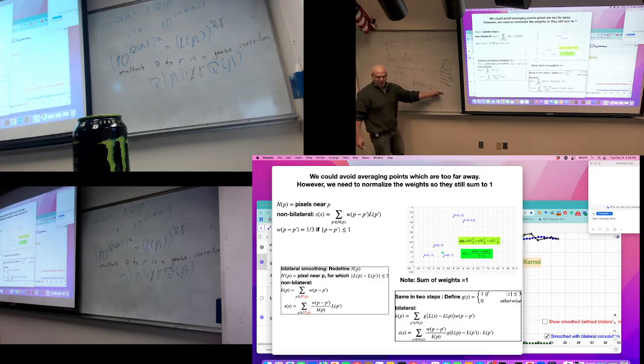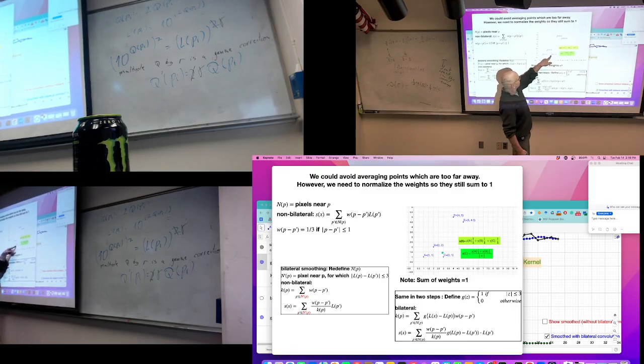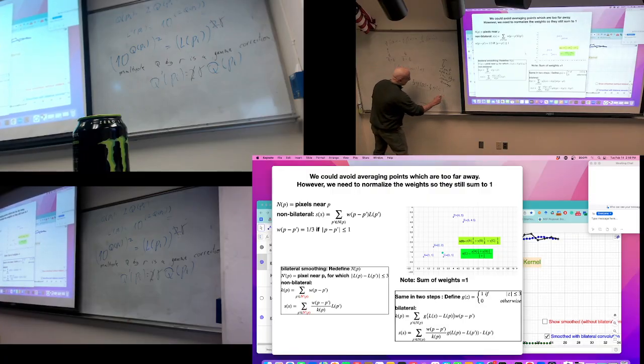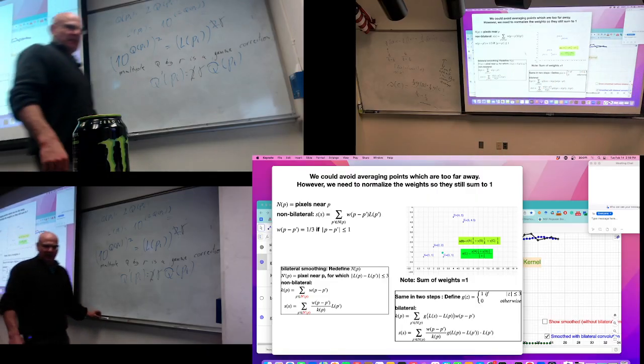I decided that Y of D should not be in the game because I only accumulate values that are close to the value of C. The value of C is 1. The value of D is way too high. I don't want it in the game. So I divide all of it by the sum of weights that I did accumulate, 1 over 3 plus 1 over 3. That is, take the summation and do the division, and you're happy.